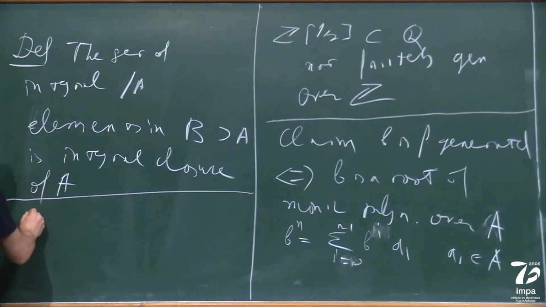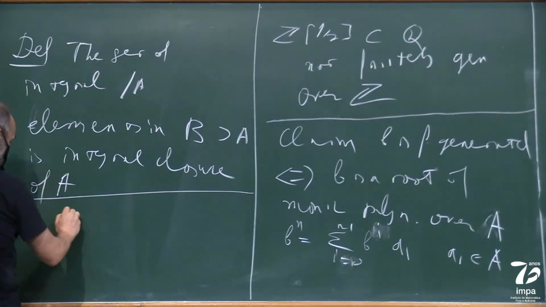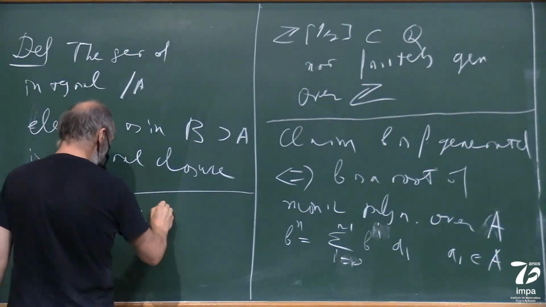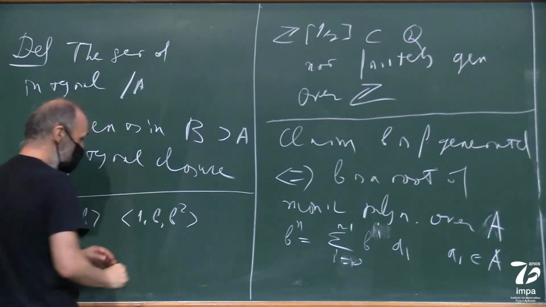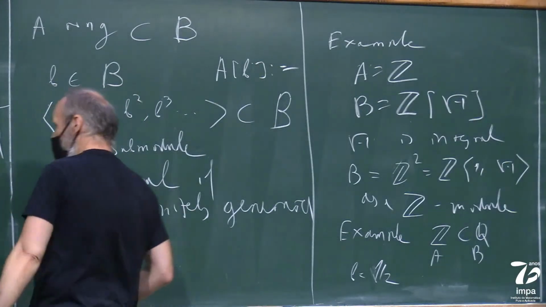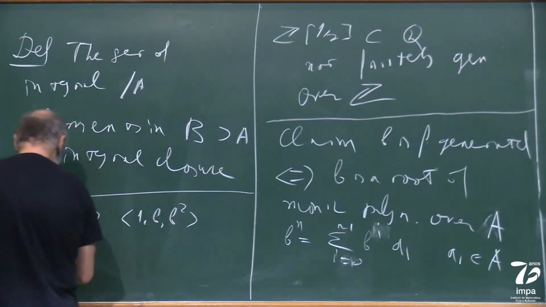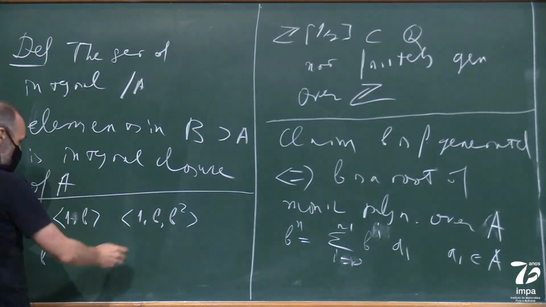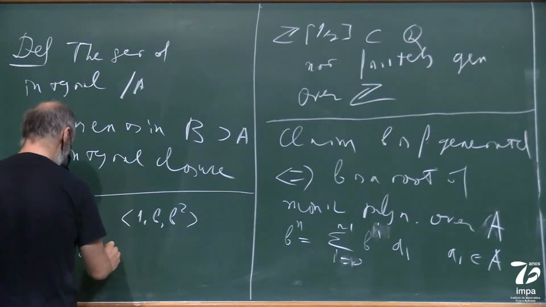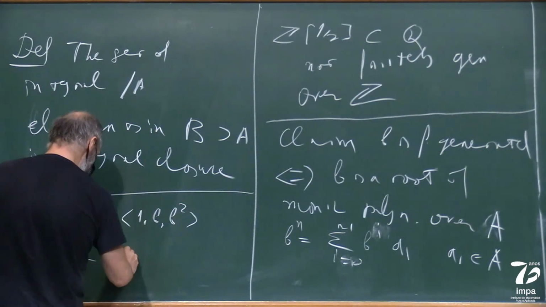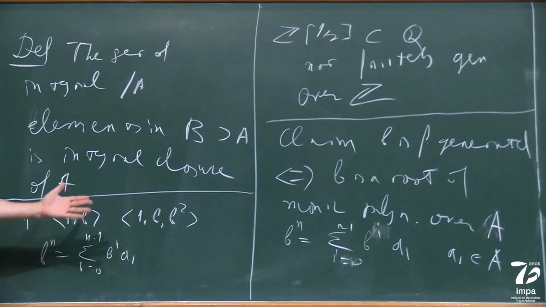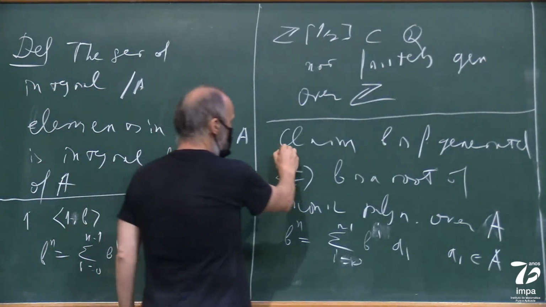So you start with 1, then you add b, then you have 1, b, b squared, and so on. And it has to terminate because this module is finitely generated. And since it terminates, at some point you would have b^n equal to the sum of the rest, the sum of a_i b^i from i equals 0 to n-1. So this is how this claim is proven. Thank you very much.